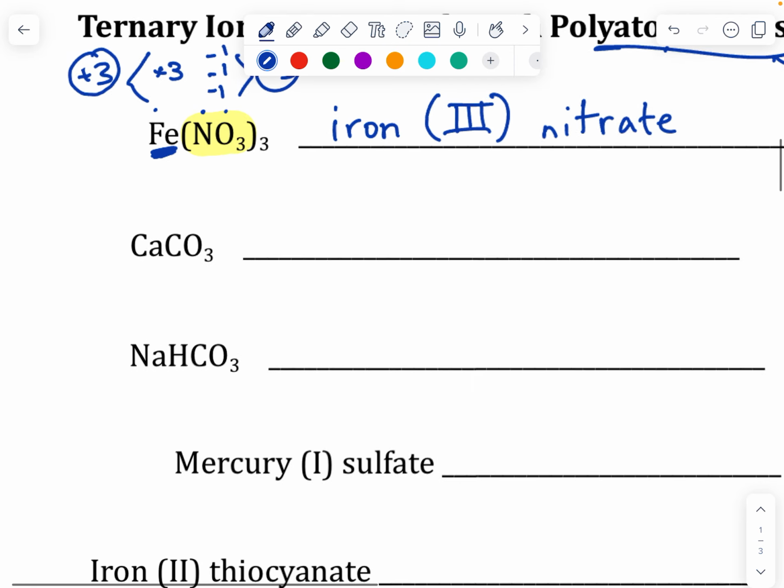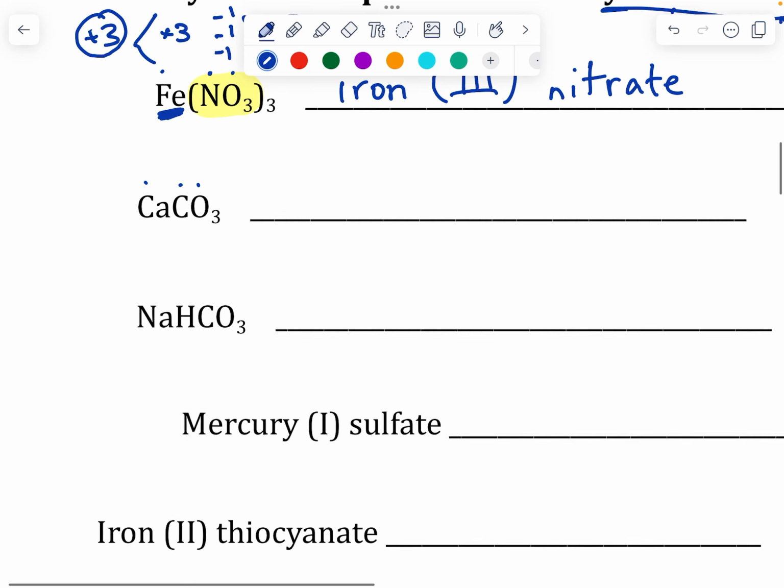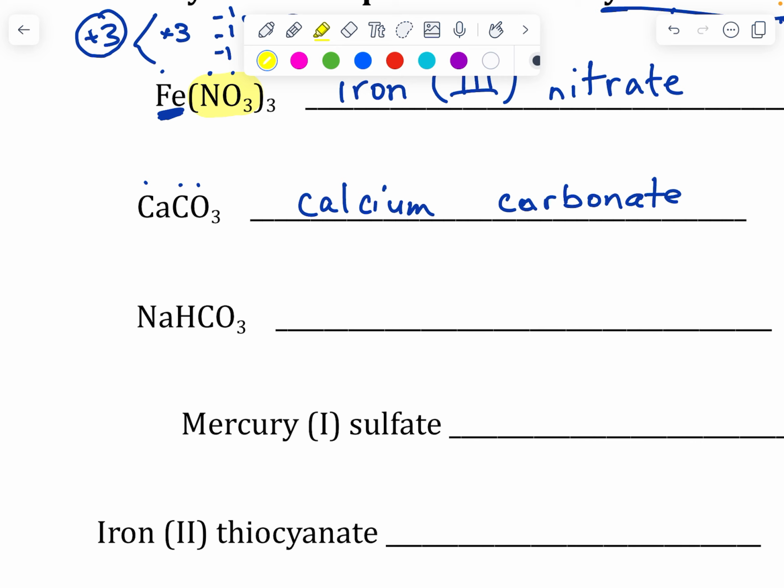Something like right below it, calcium and carbonate. I know that that's one of my polyatomics because there are 3 elements in the formula for calcium and carbonate when they join. So I take the name of my metal, and I take the name of the polyatomic ion that is associated with it in that formula.